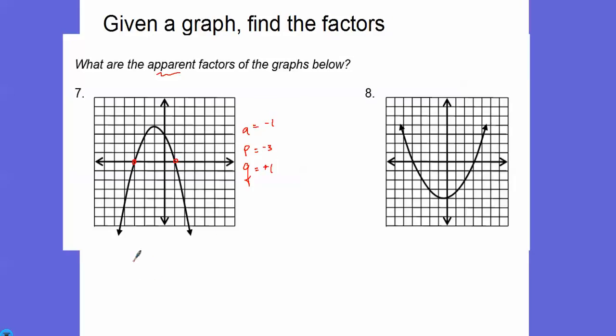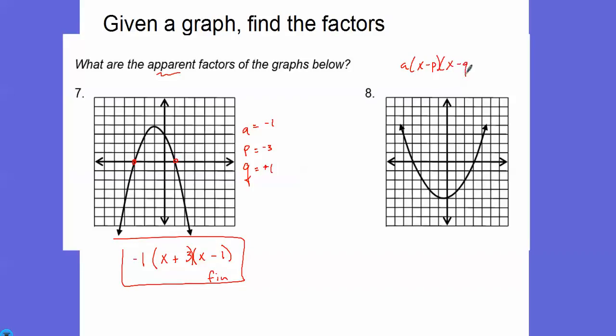If I were to write this, negative 1 multiplied by x plus the p, I'm sorry, minus the p, which actually gives us a positive 3, and x minus the 1, we are finished. I have my 3 factors. Again, factors are going to look like a, x minus p, x minus q.